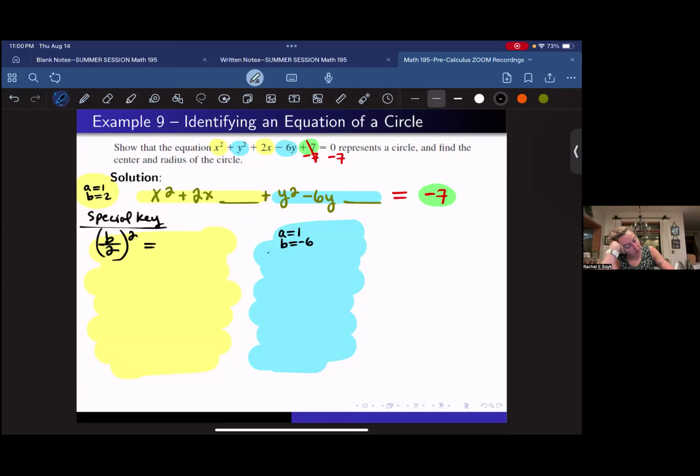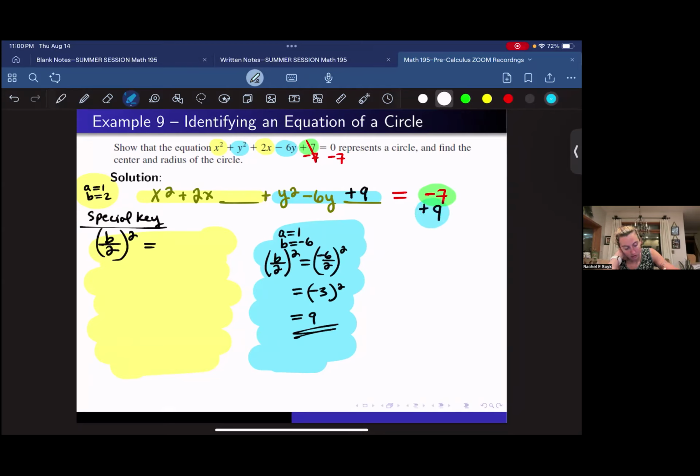And so our b over 2 in parentheses squared for our blue is negative 6 over 2 in parentheses squared, which is the same as negative 3 in parentheses squared, which is 9. So this 9 is what we're going to add to our blue section, but whatever we add to that left-hand side, we also have to add to that right.